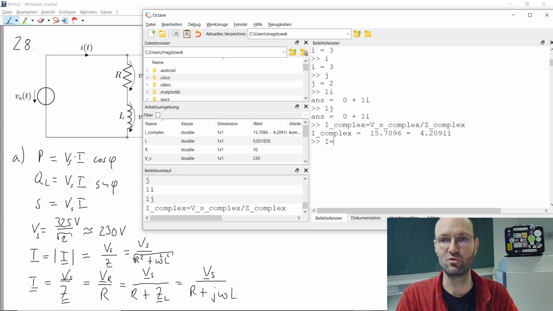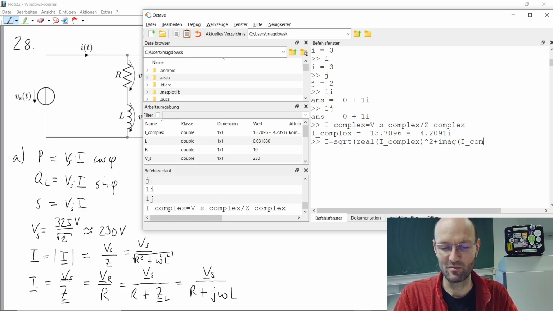How do I get the magnitude? The square root of the square of the real part plus the square of the imaginary part. But this is super complicated. I mean, I can write it. It's the square root of the real part of the complex current squared plus the imaginary part squared.